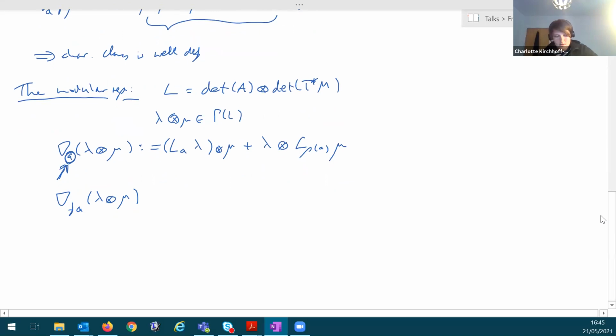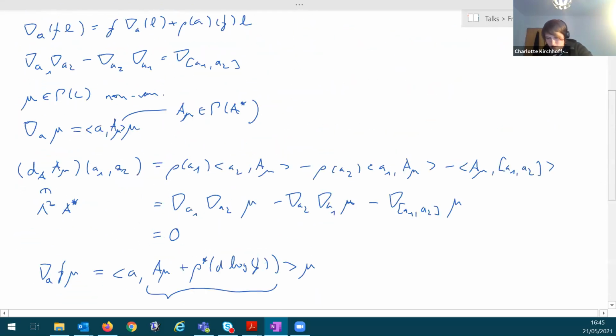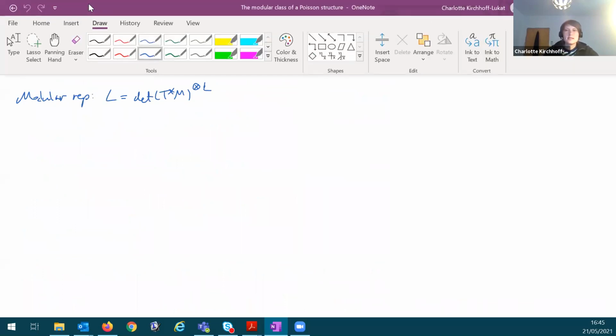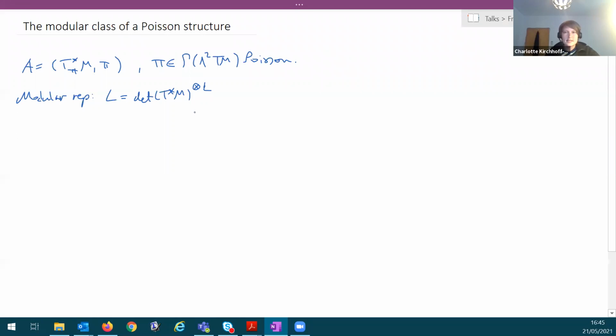Okay. So now we want to go to the case where the Lie algebroid is the Lie algebroid associated to a Poisson structure. So the cotangent bundle equipped with the Poisson bracket you all know and the Poisson bivector as the anchor.